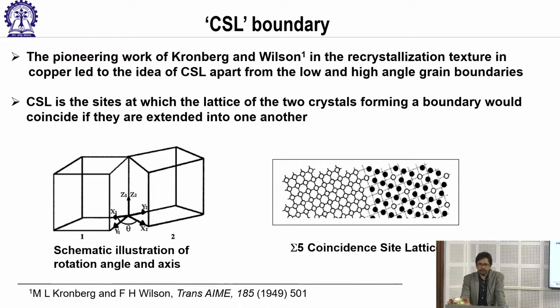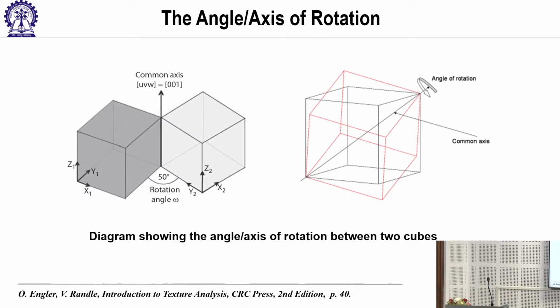Okay. So let us discuss what is a CSL boundary, right. All of you probably have heard of misorientation, what is the meaning of this misorientation angle? So a simple schematic diagram I want to show you. Suppose this is one crystal and this is another crystal, or this is one grain and this is another grain, right. So these 2 grains, as you can see, the orientation difference between these 2 grains can be expressed in terms of one angle and one axis.